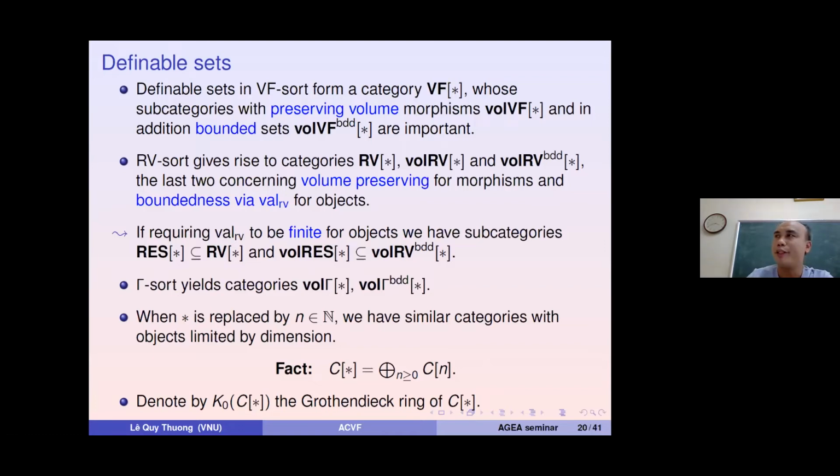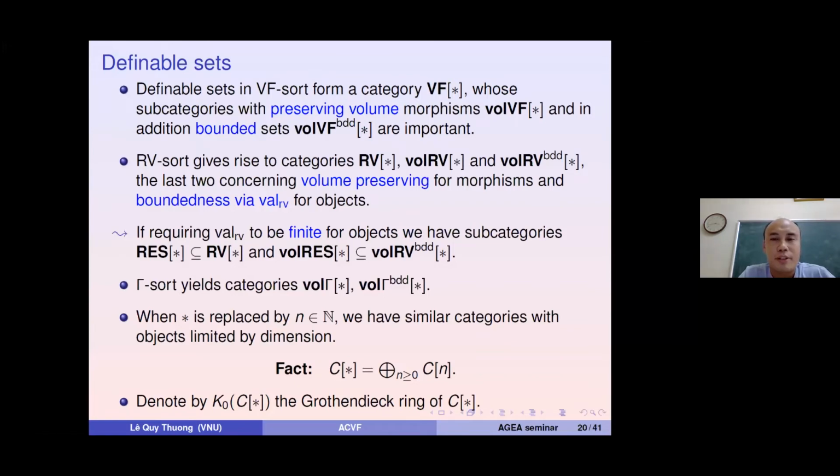Bounded means the image of the set under the morphism is bounded. Okay. Now for the RV sort, we have the categories RV star, Vol RV star, and Vol RV star BDD in the same way.